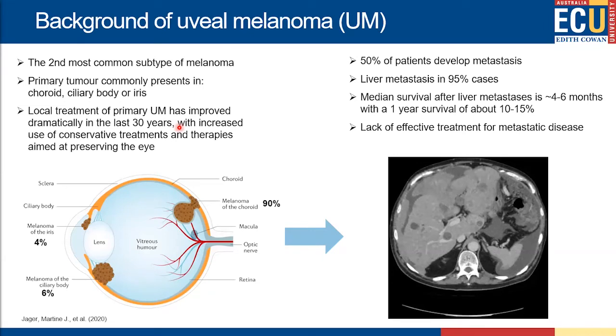Despite improvement in the treatment of the primary disease in the eye, the survival of uveal melanoma has not improved, with around 50% of patients developing metastatic disease, primarily to the liver, in 95% of cases. And once liver metastasis develops, survival is relatively limited to months and perhaps a year. And this is due to the lack of effective treatment of metastatic disease.